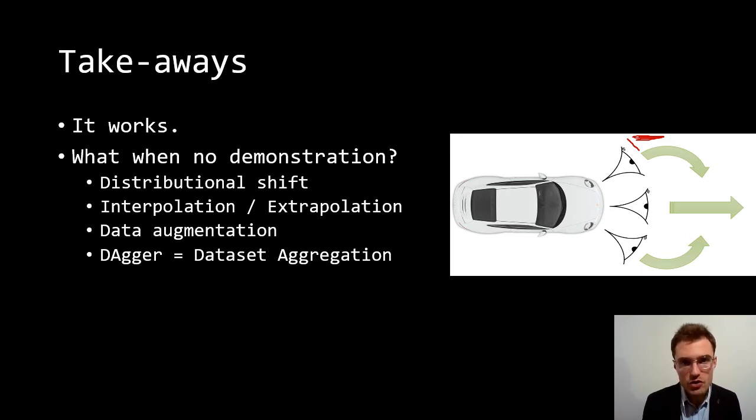The idea is to enrich the dataset with the states that you are exploring, and the actions, what you should do, are given by some available expert. It might obviously become a little bit hard to scale or to organize, especially with real-time exploration, but that's the idea of DAgger, shortly said.